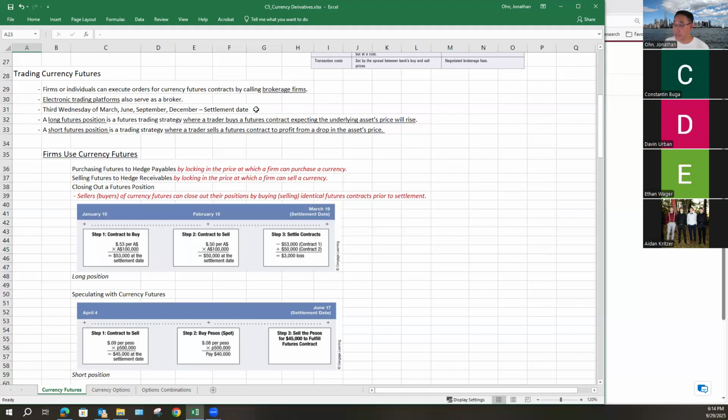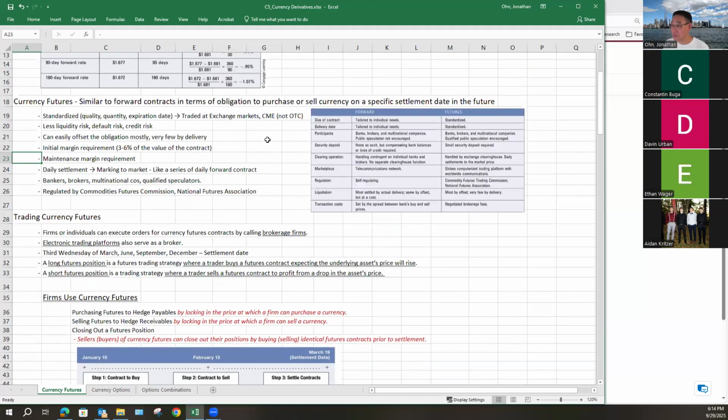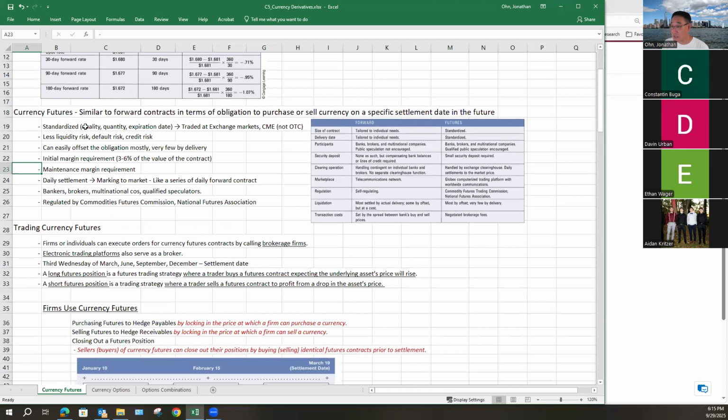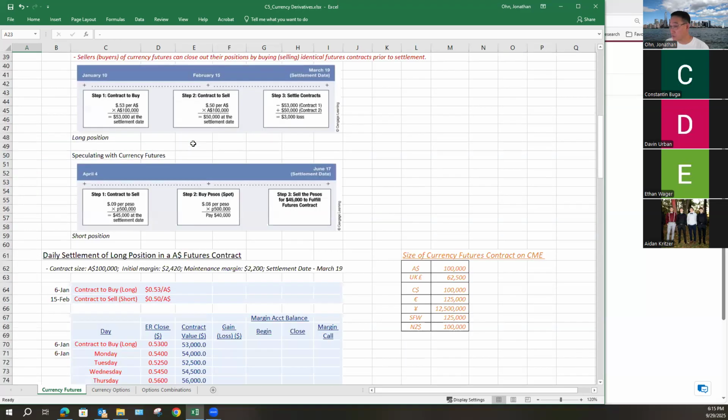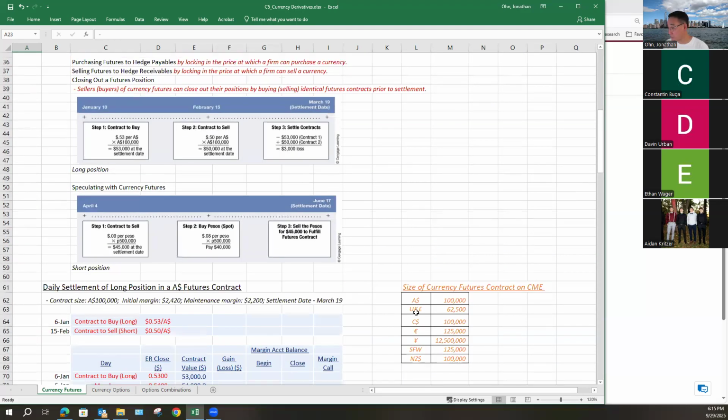And the settlement date usually includes the third Wednesday of March, June, September, December. That's standardized, right? I told you, standardized in terms of quality, quantity, expiration date. So quantity will be explained here, a standardized quantity.